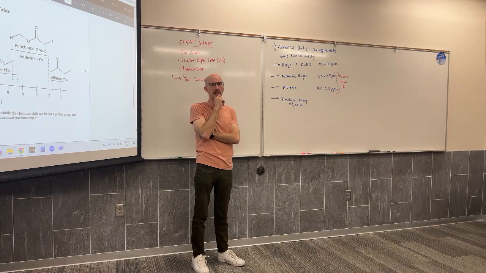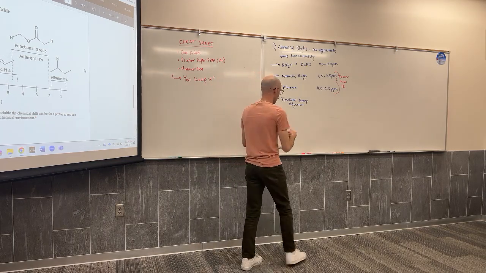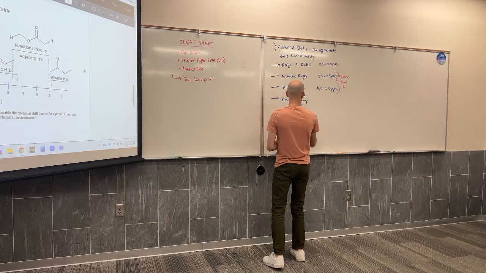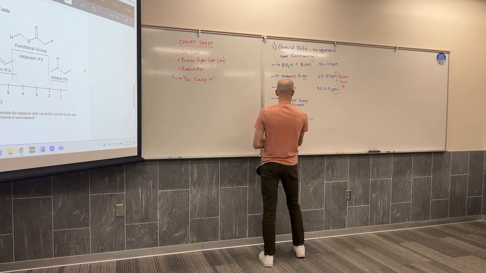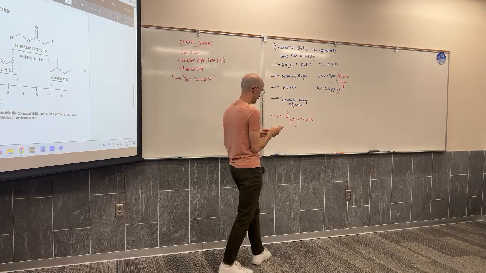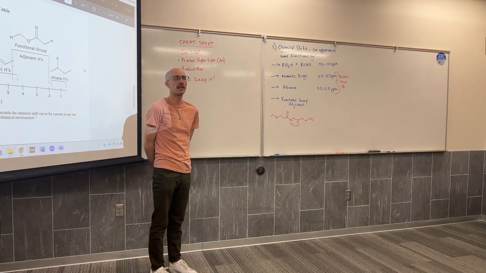Or they are bonded to a carbon that is adjacent to a functional group. So I do want to give a couple of examples because I feel like this can be a bit confusing. Okay. Just a big molecule, but it gives us a lot of things to think about.